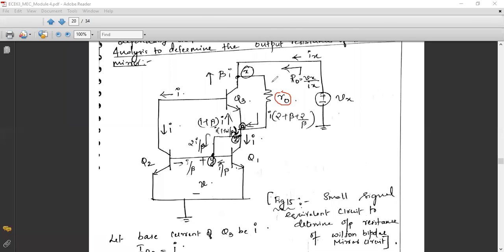And we need to find the overall output resistance, capital R0. To find this resistance, we insert a dummy current source and voltage source. This is a test source called Vx, which is connected at the collector terminal of Q3.